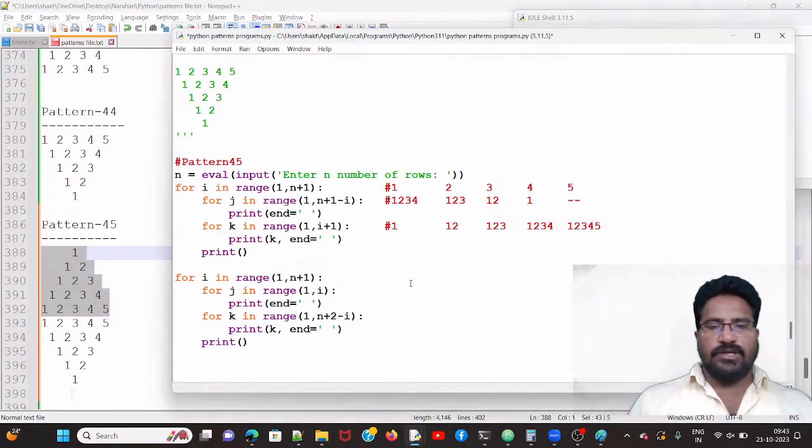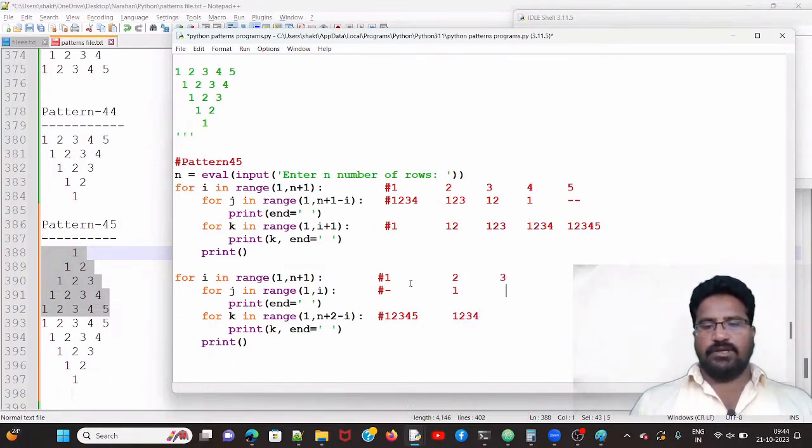So here the pattern is: when the i value is 1, j iterates no times, and k iterates 5 times. When i is 2, j iterates just one time, and k iterates 4 times.